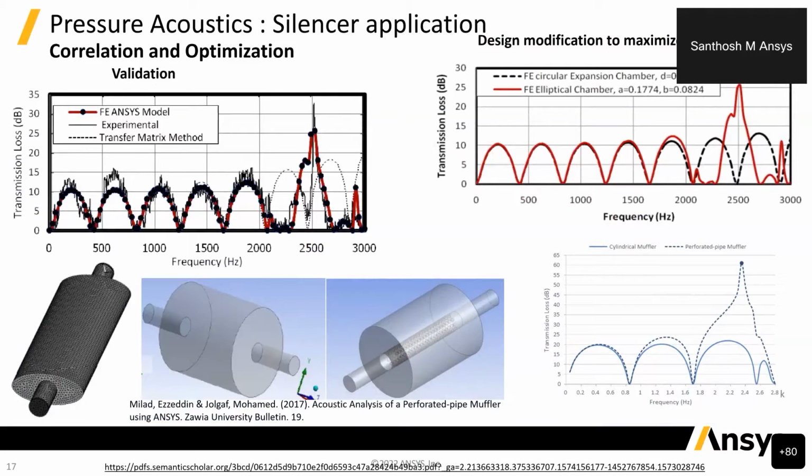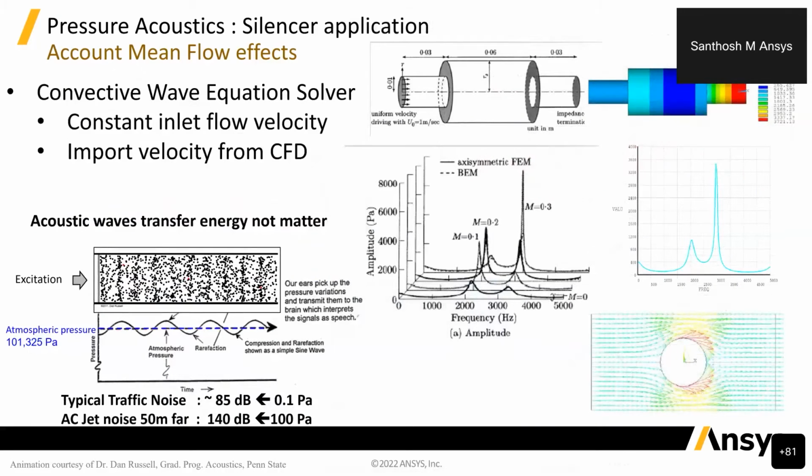It is not only about predicting the transmission loss. We can use Ansys tools to optimize the muffler design for maximum transmission loss. We can try changing the shape from circular to elliptical, or introduce micro perforated tubes and see how they improve the transmission loss at the desired frequency range. In certain cases, though, as I mentioned, the flow velocity through the silencer is very small.